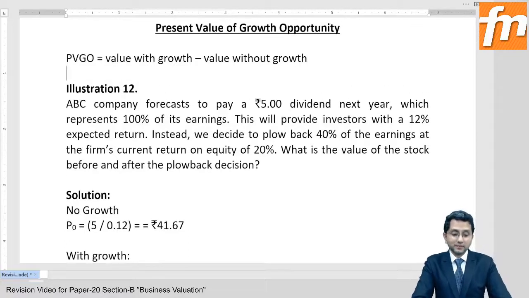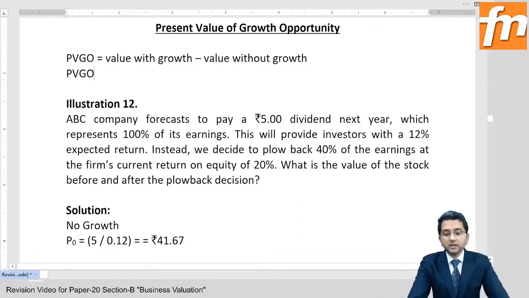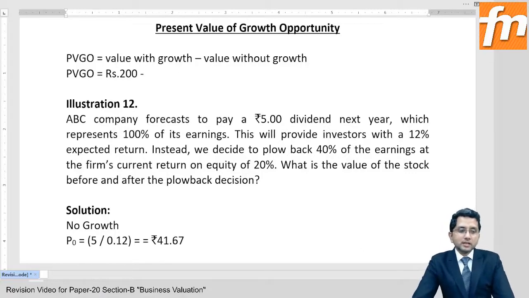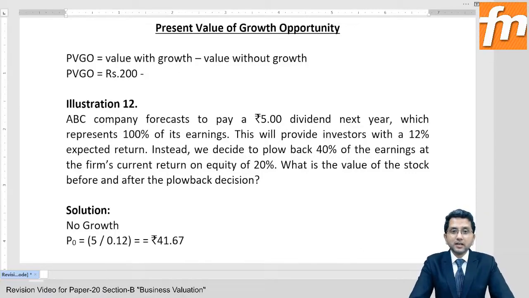As simple as that. Suppose a company's earning is expected to rise at the rate of 10% per annum. Considering that, fair value per share is rupees 200. If there is a growth of 10% in the earning and dividend of the company, then its current price should be 200. But if the earning and dividend of the company becomes stagnant, then its fair value should be 80 rupees.